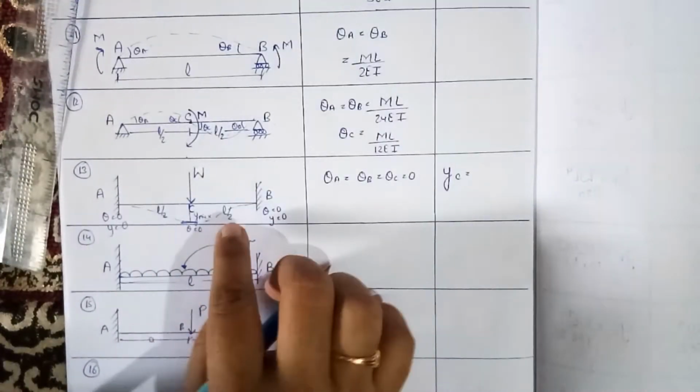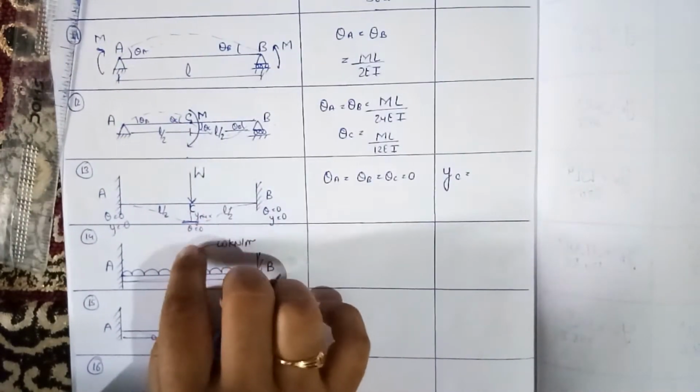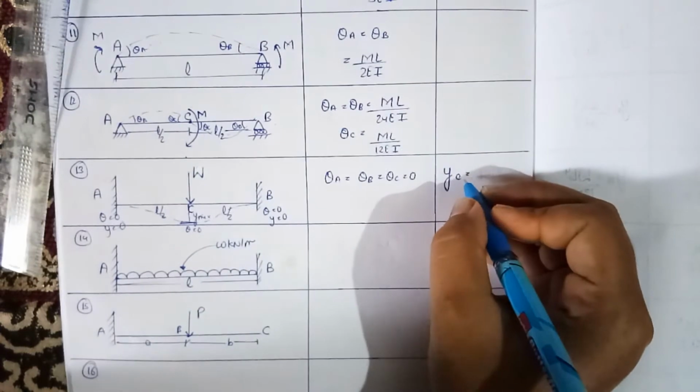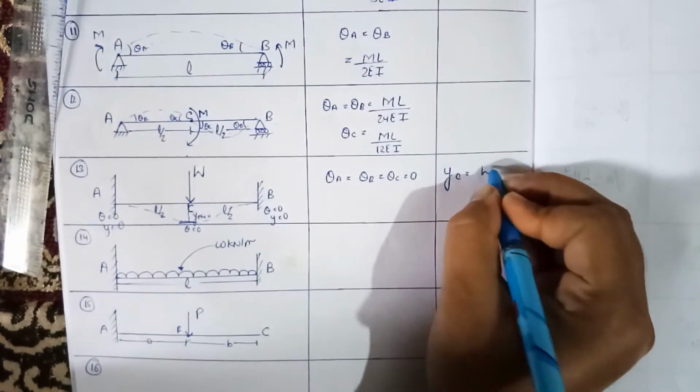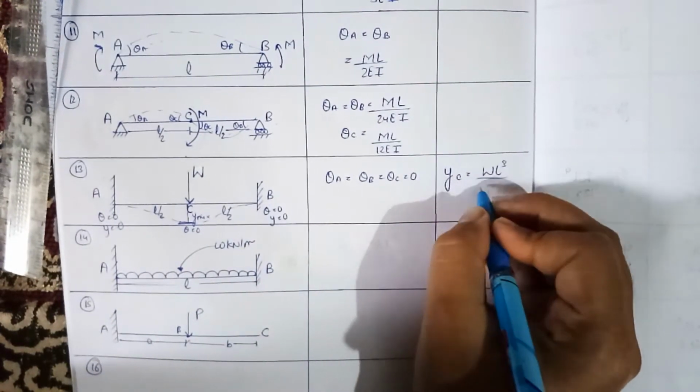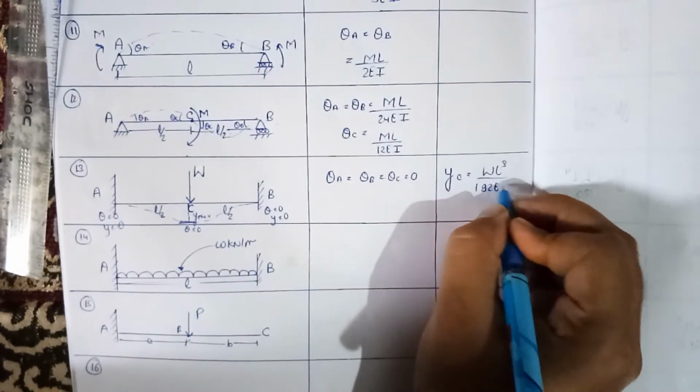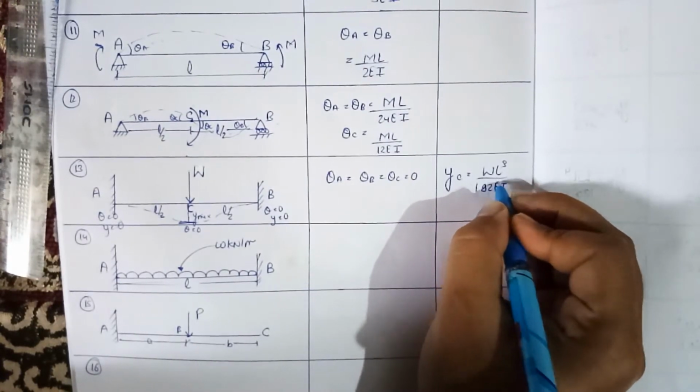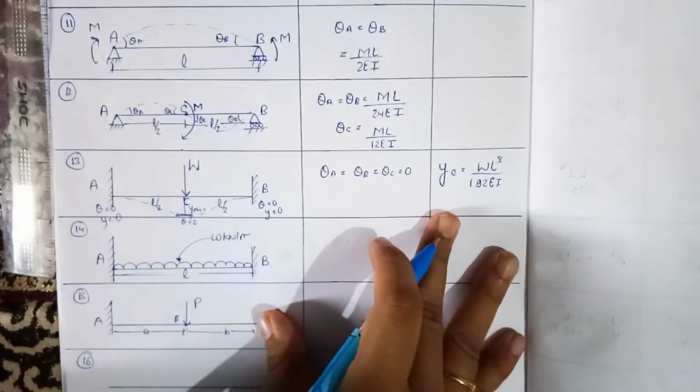The value of y at C is the maximum deflection. So y at C will be equal to WL to the power 3 upon 192 EI. Okay, its value is WL cube by 192 EI.